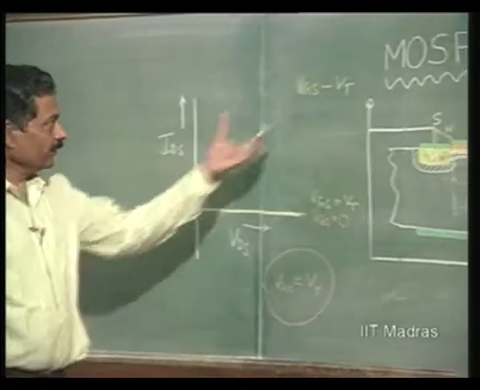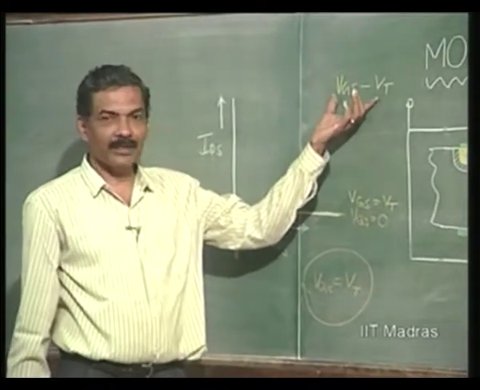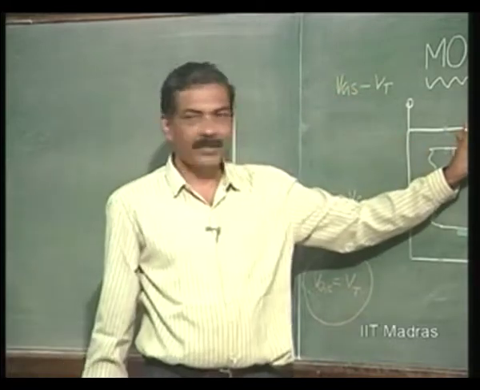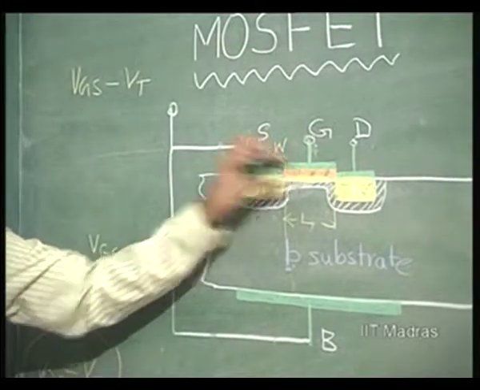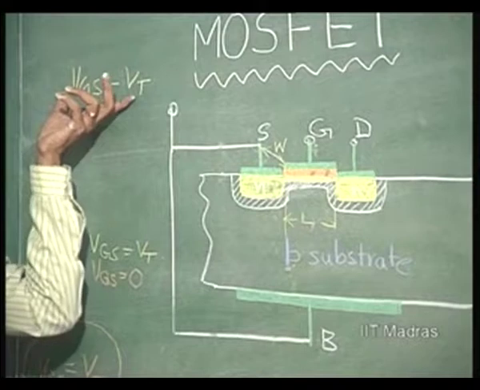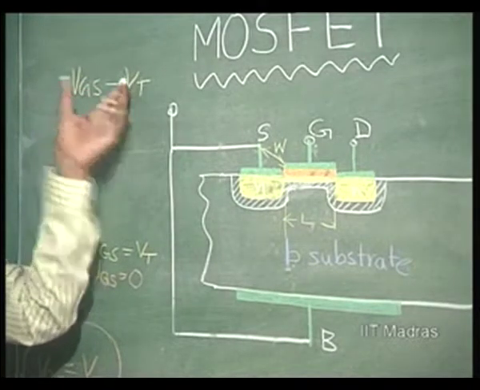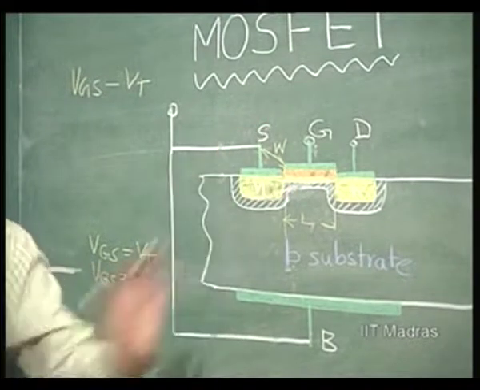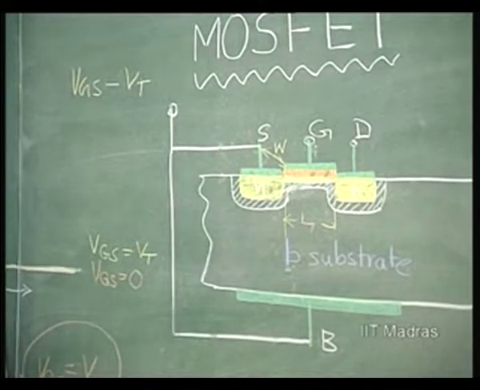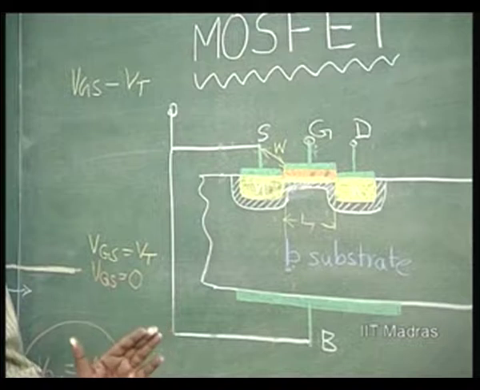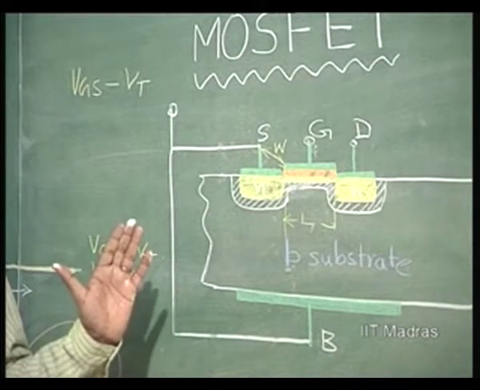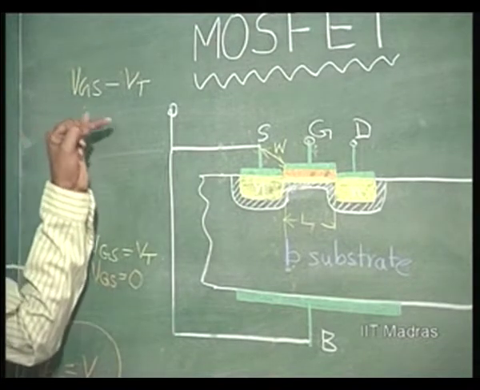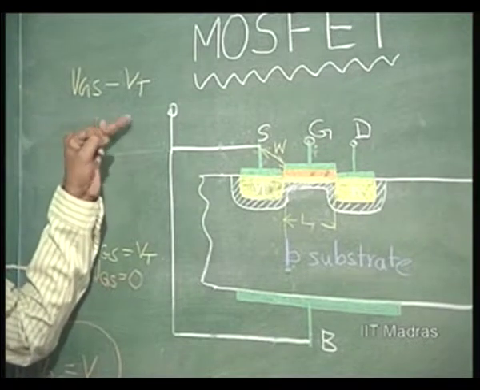Now, this is crucial in determining the depth here. Depending upon this, if this magnitude is higher, this depth would be higher. Therefore, what can we conclude about the resistance now? That the resistance keeps on decreasing as I apply higher and higher values of VGS.